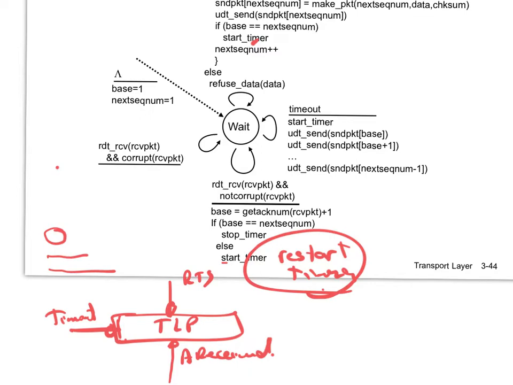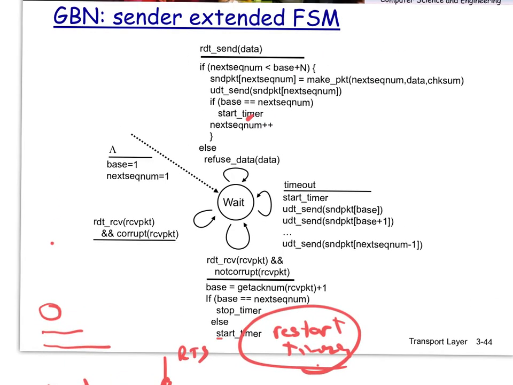Okay, fine. This is the event that comes from the application layer, which is RDT send. This is the application layer transmission. So in that case, I will see. If I have a segment that is coming in, first I have to make sure that it's within the window, right?